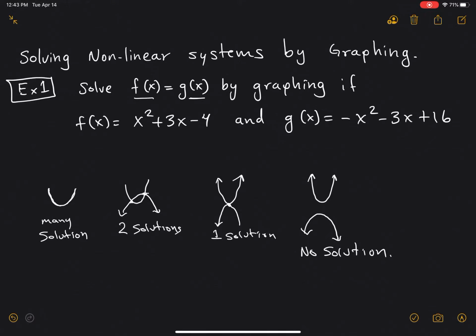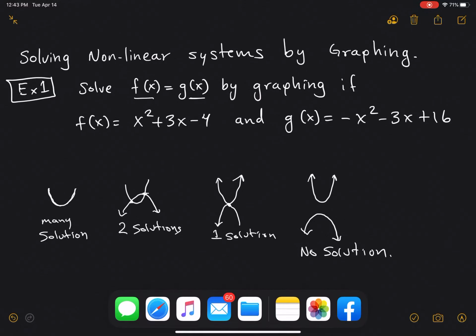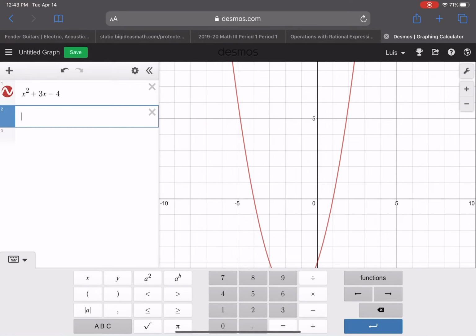Now, if you know how to do this by hand, it's probably not going to ask you to solve a system like this by hand, because you have to be very accurate to figure out what the solution is. Because we're solving by graphing, let's go ahead and go to Desmos. Just go to desmos.com and notice how I already have my first equation typed.